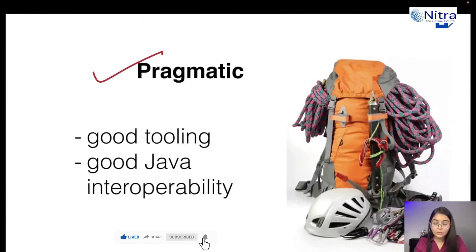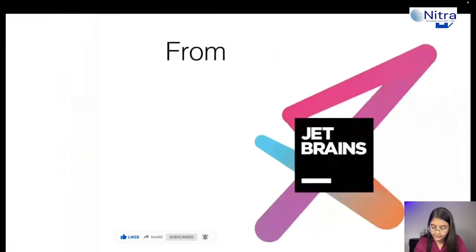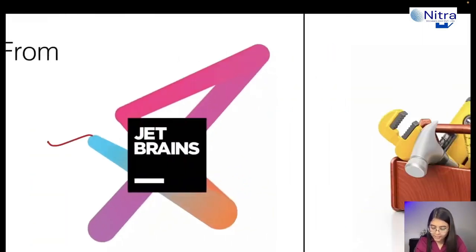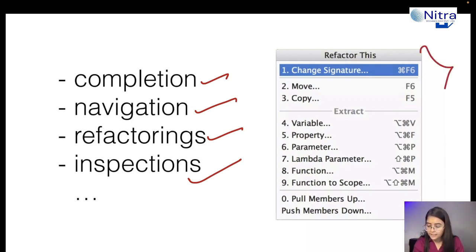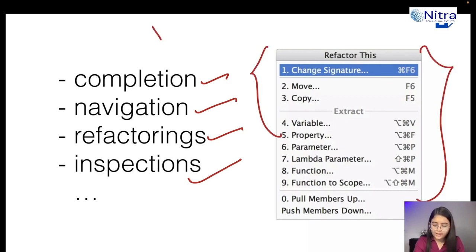I already told you that Kotlin is pragmatic, it has good tooling, and it is from JetBrains. Tooling like code completion, navigation, refactorings, inspection. All those features which are there for any old industry standard programming language, you can get with Kotlin as well.